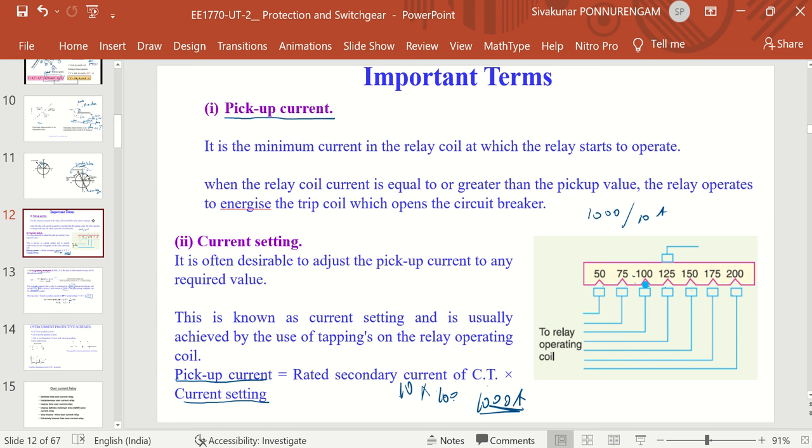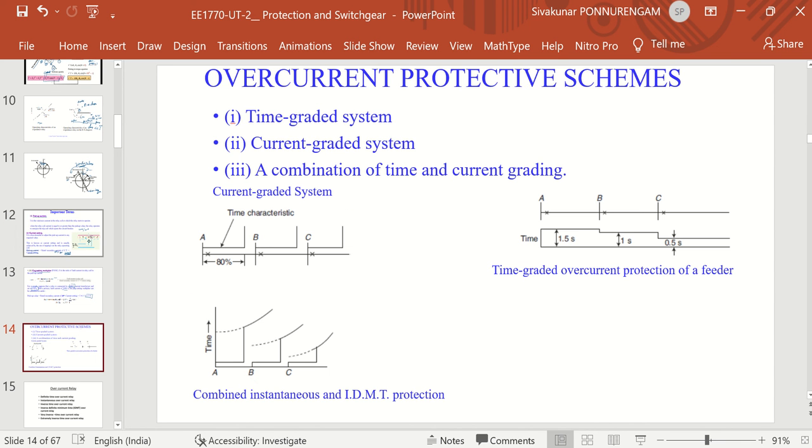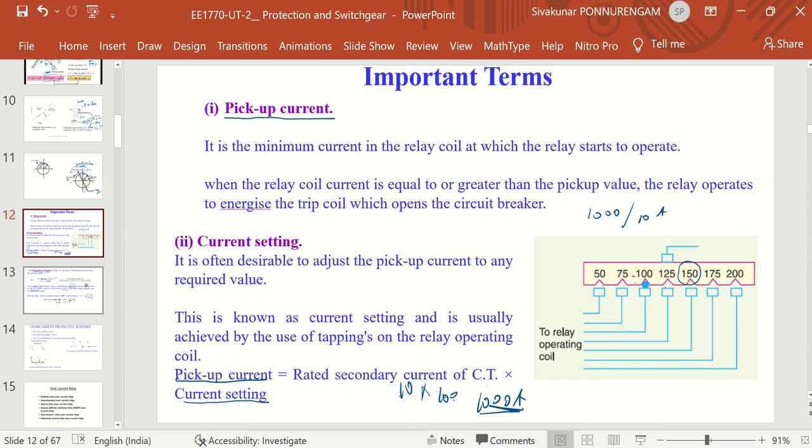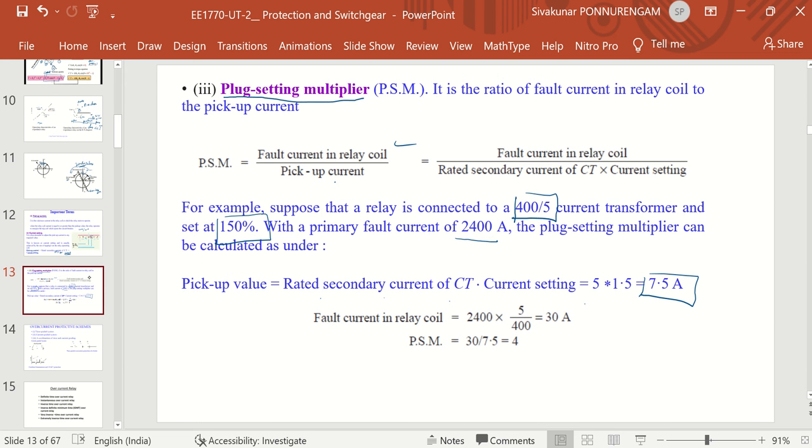Here the 1.5 is nothing but 150 percent, so we set this value as 1.5 and again obtain 7.5 amps. The fault current in the relay coil is 2400 into 5 divided by 400, which is 30 amps.